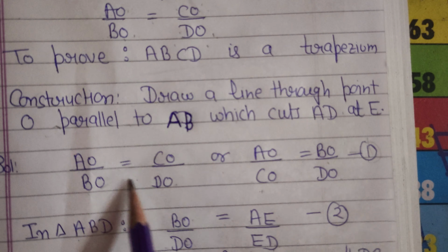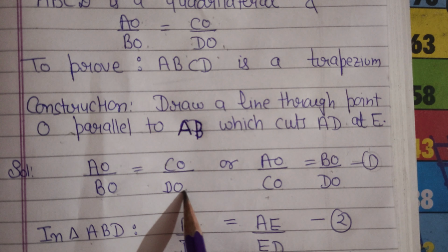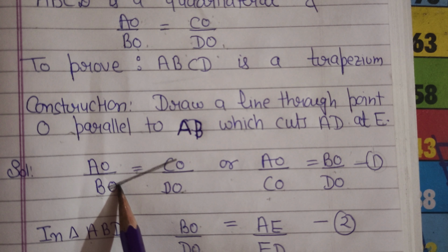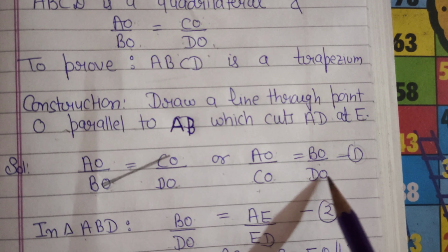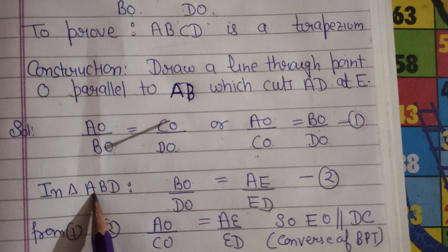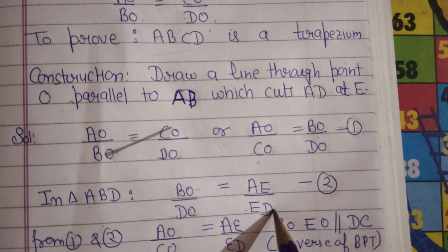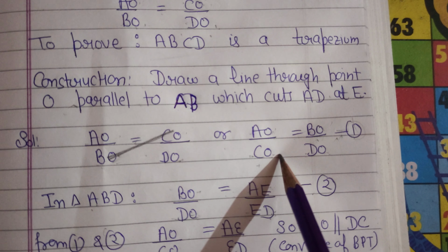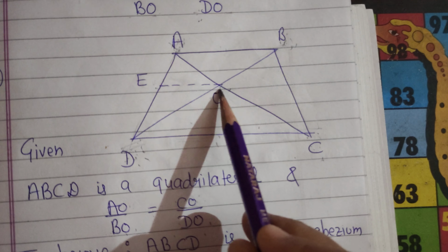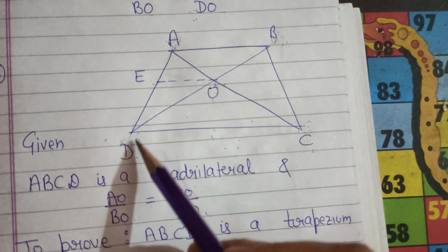According to the given, AO by BO is equal to CO by DO. After exchanging their positions, AO by CO is equal to BO by DO. But in triangle ABD, BO by DO is equal to AE by ED. From these two, AO by CO is equal to AE by ED, that is, AO by OC is equal to AE by ED.